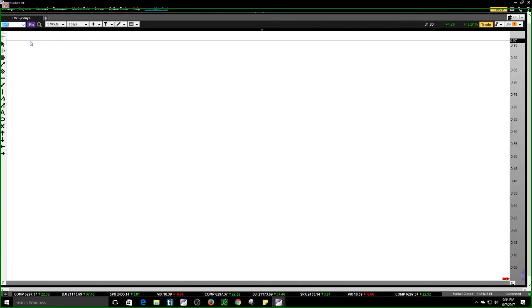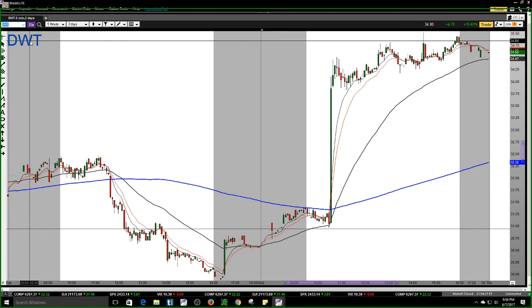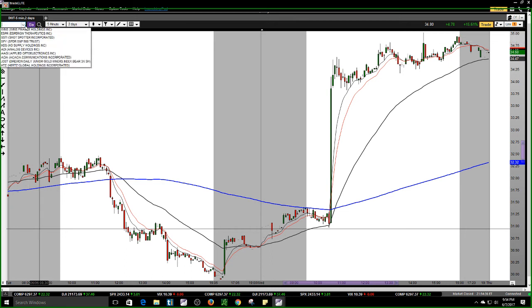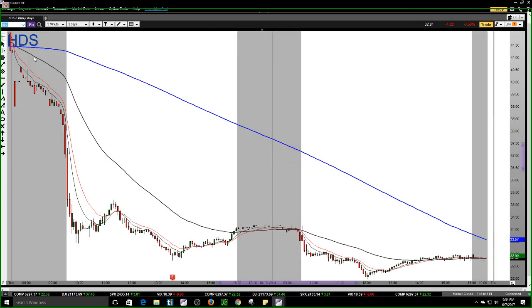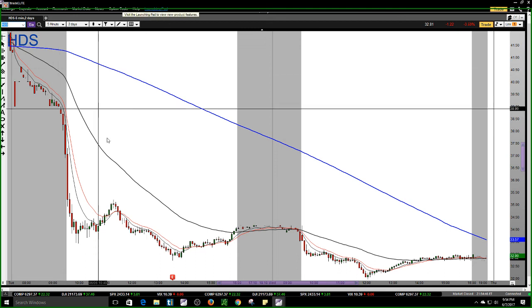And gosh, I'm really just going through random charts here because I don't have anything located. This chart is a horrible one, by the way. Oh, maybe.